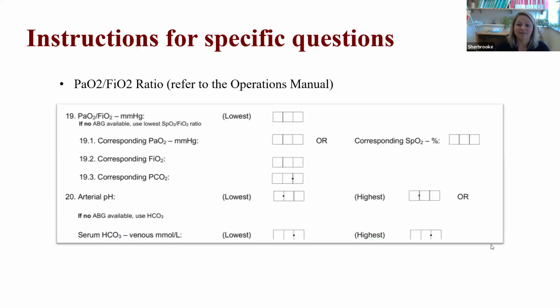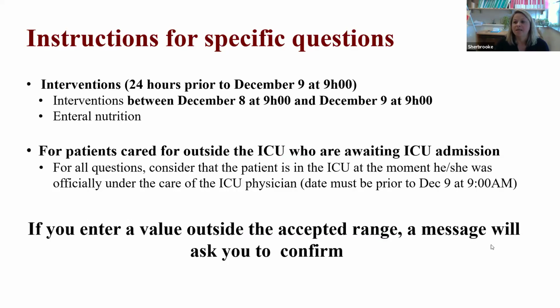If you want to avoid having a lot of queries, you should go over the operation manual before starting data collection to make sure that you do it correctly. I won't go into details, but please go over the instructions.